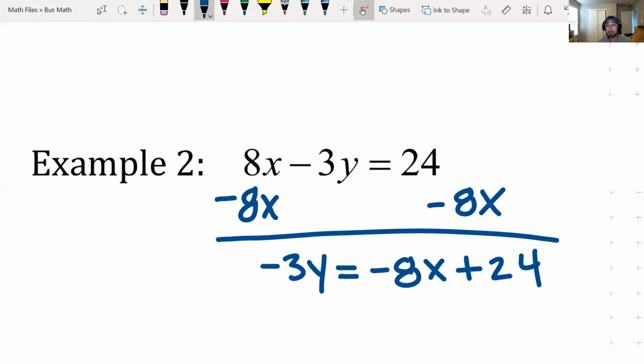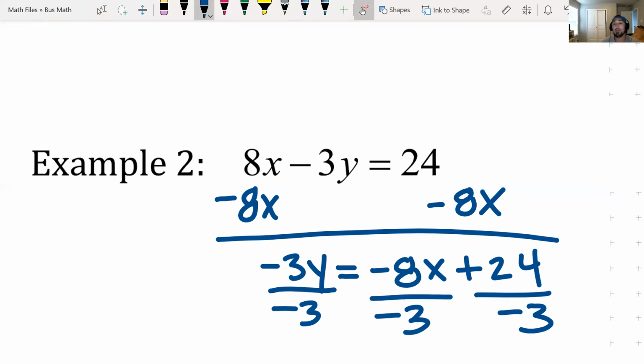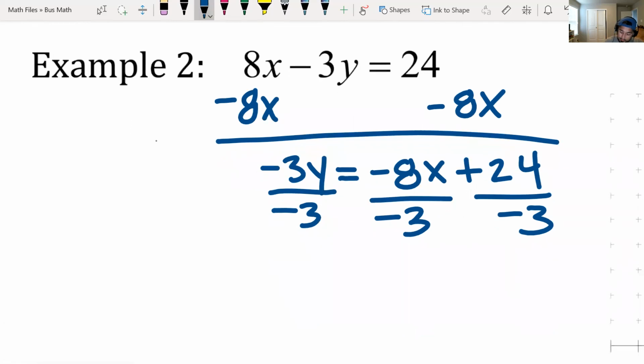And then to solve for y, we'll just divide by negative 3. So divide by negative 3, divide by negative 3, divide by negative 3. This should leave me with positive y equal to positive 8/3 x minus 8.